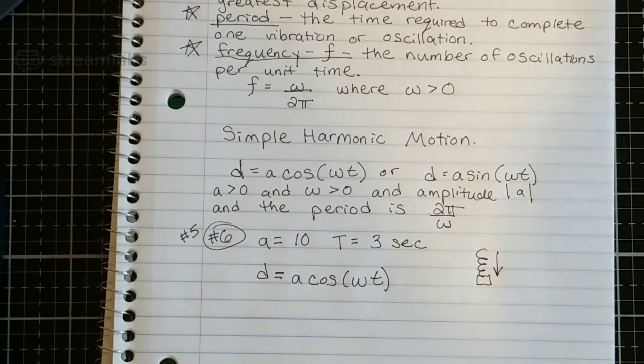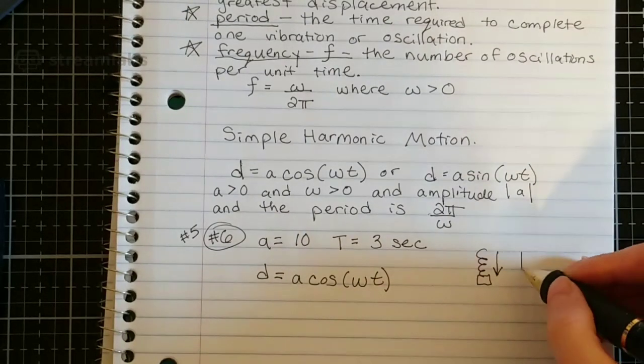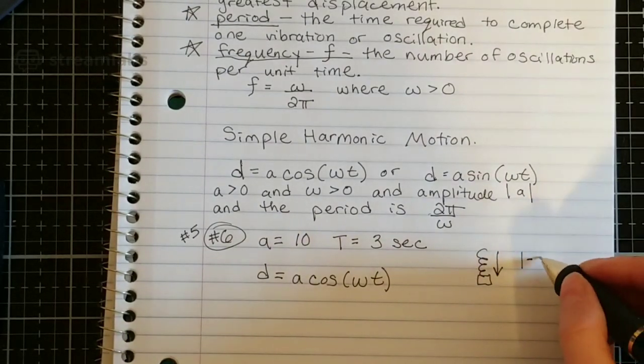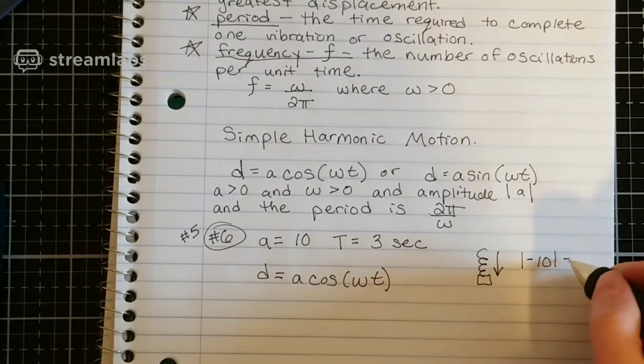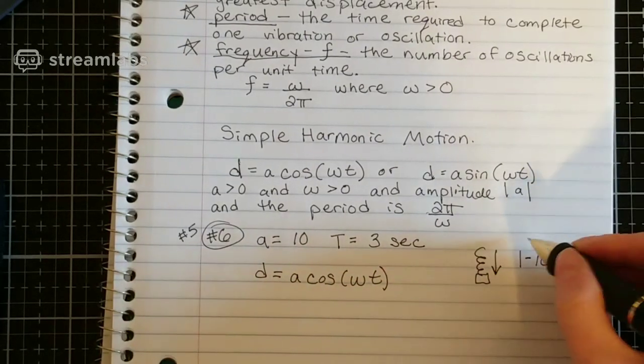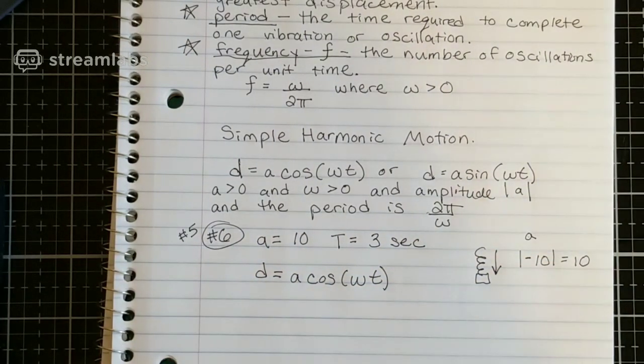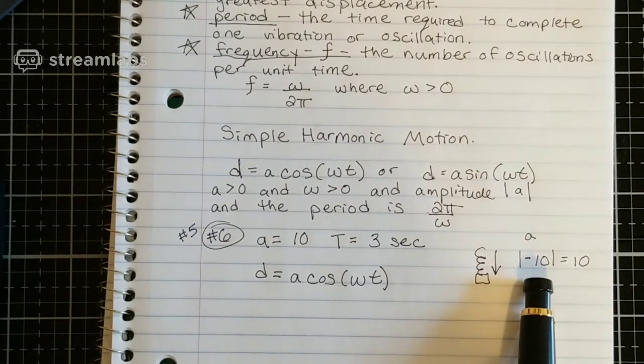Okay, so since this is a downward displacement of our weight on the coil, the A is actually going to be -10. Since we're going down, you need the negative to represent a negative direction. So your A is really going to look like -10 when you go to plug it in, okay?